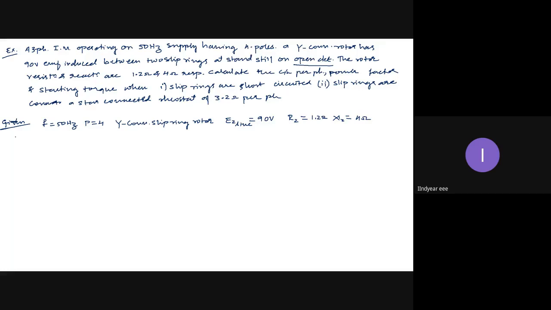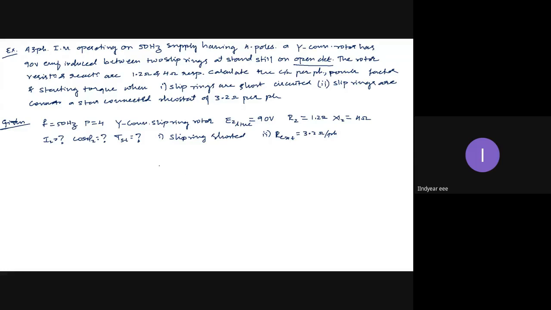Calculate the current per phase, power factor, so what I have to find is I2, cos phi 2, and TST, when the slip ring is short circuited, and when there is an external resistance of 3.2 ohms per phase.